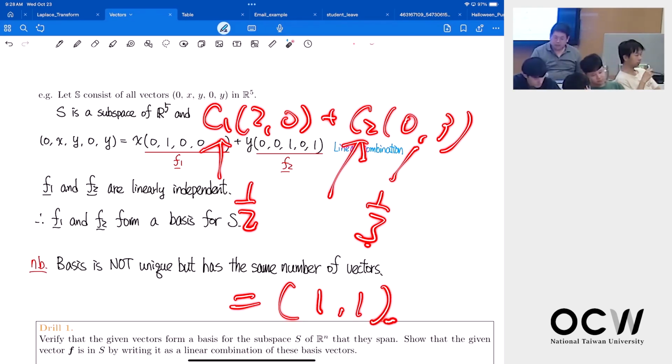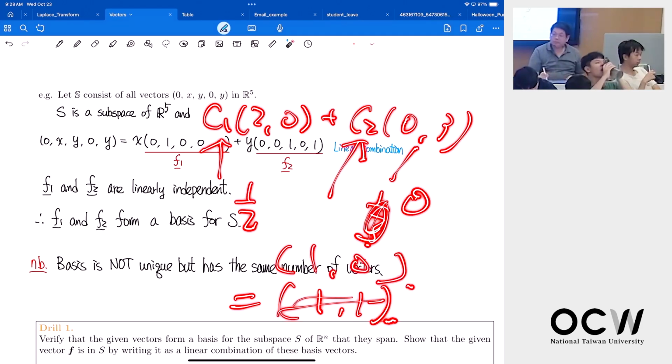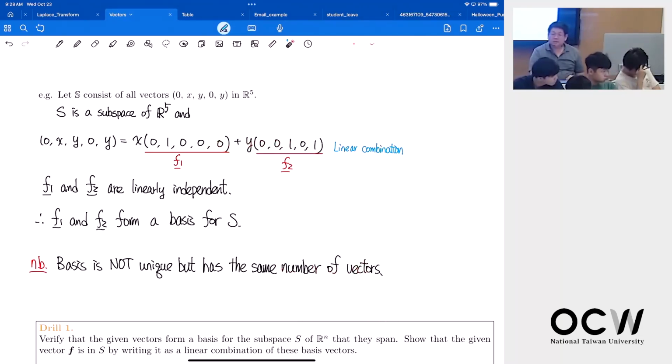Or if this is 0, then I create (1, 0). So the bases are not unique, okay? But once you say those vectors are the bases, then they are linearly independent. Any questions for this?